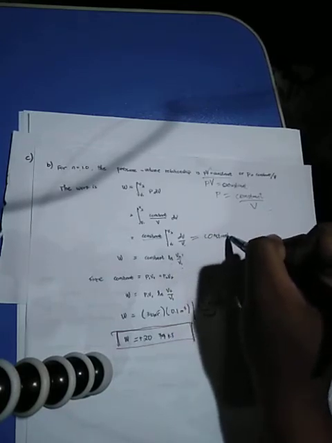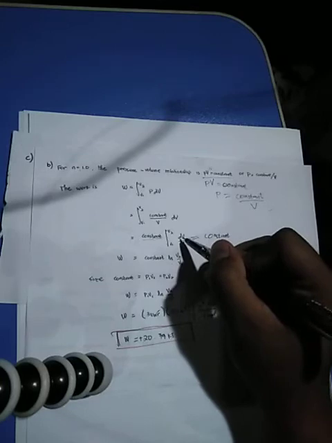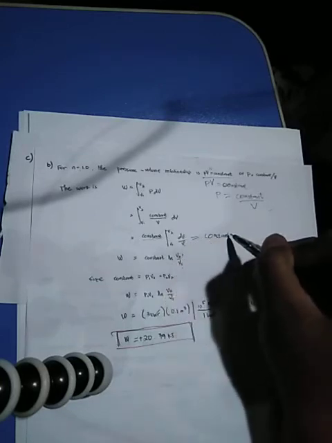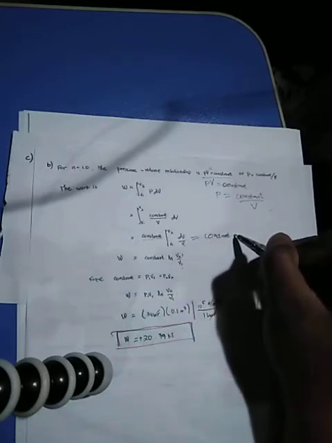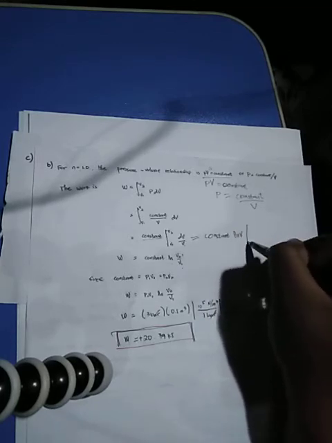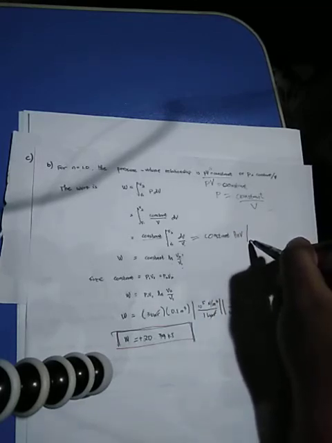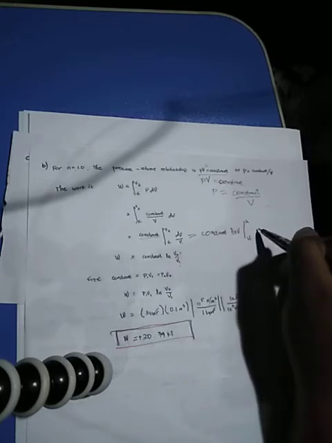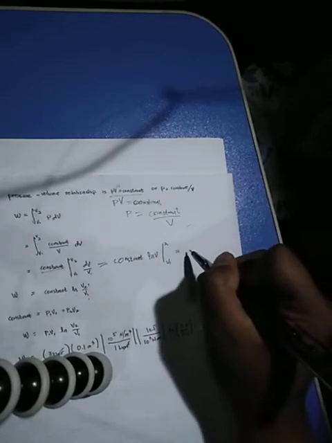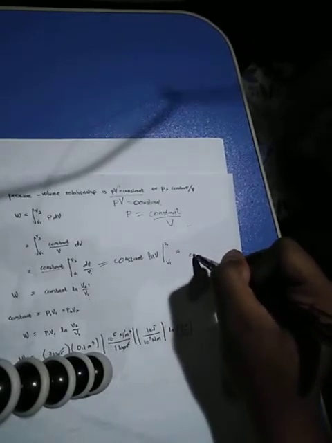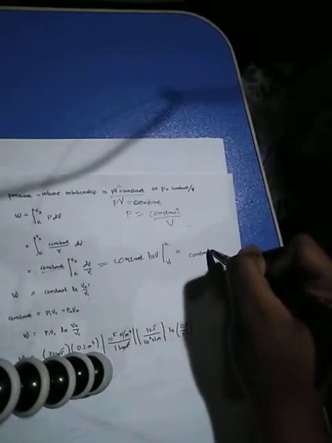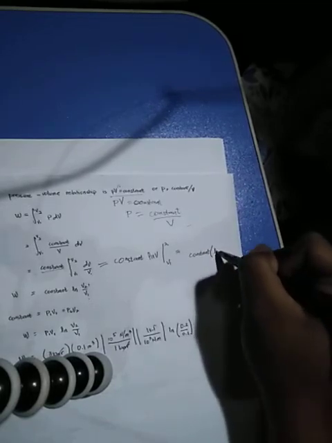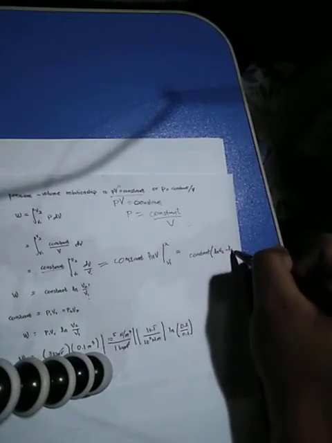Okay? Bakit? Kasi in this case, kung i-evaluate mo yun siya, constant, tapos the integration of dV over V is ln of V. So meron tayong limits na from V1 to V2. So kung isa-substitute natin yun siya, constant multiplied by ln of V2 minus ln of V1.